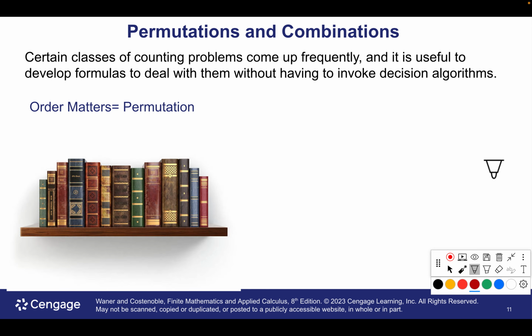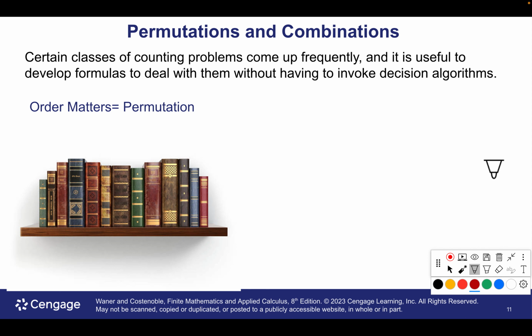If I change the arrangement of those books, it looks different, right? If you're in a library and you change them, you might not be able to find the one because they're supposed to be in a particular order. These ones maybe are not in a particular order, but I think, oh, that's pleasing. Or maybe I want all the similar color ones together. So there are different ways I could arrange this, and each one is different. Even just taking this last book and moving it to the front, it's now a different arrangement, right? It looks different. So that's a permutation, and we're going to see how to do that.